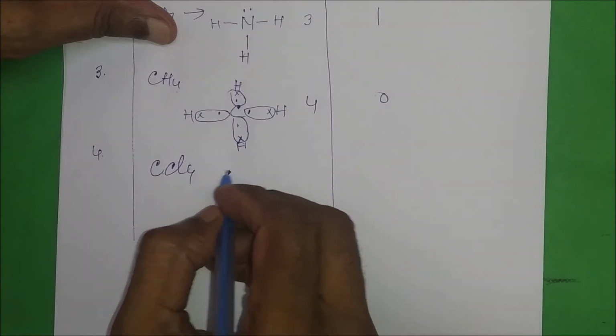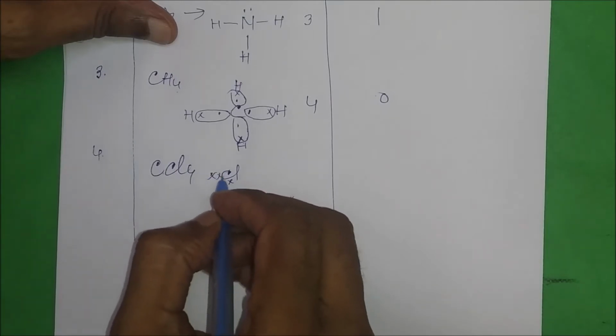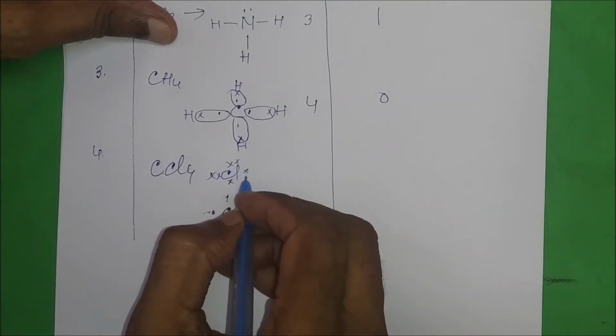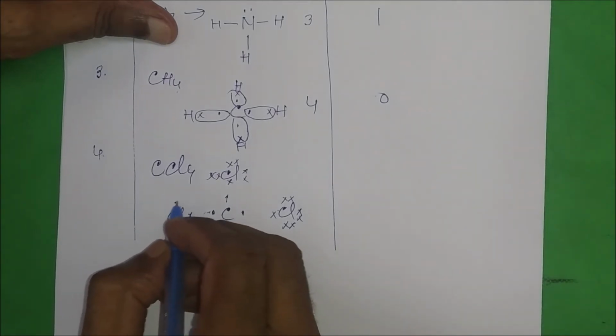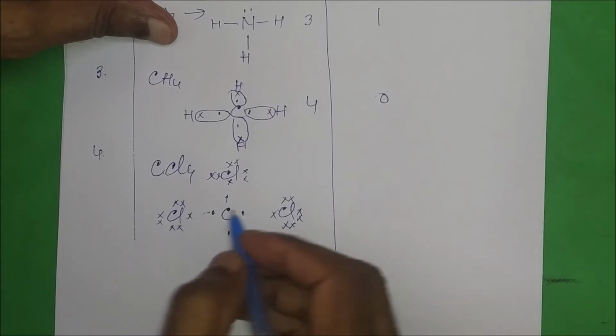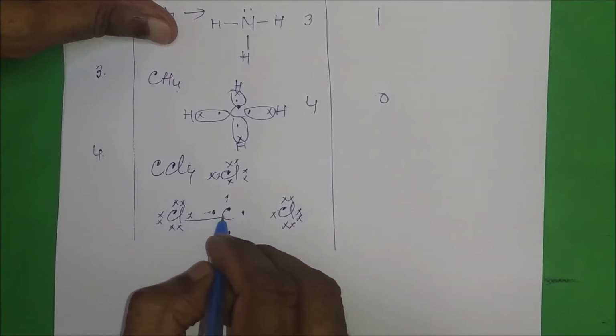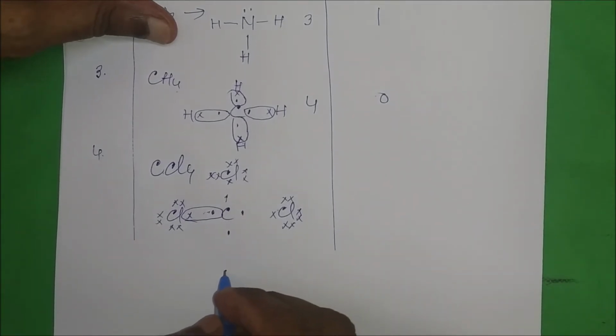Here also chlorine, right? 2 here, 2 here, 2 here, 2 here. Another chlorine is there, 2, 4, 6, and 1, 7. Now what happened there? This combines, and 3 chlorines and 1 more chlorine will be here, right? So it will be 2, 4, 6, and 1, 7.